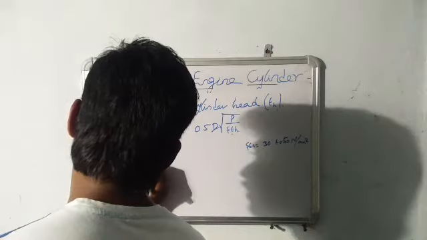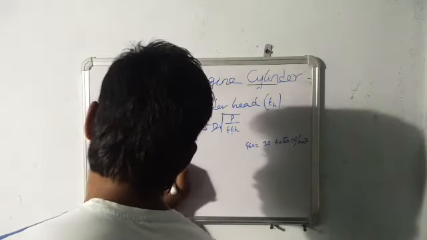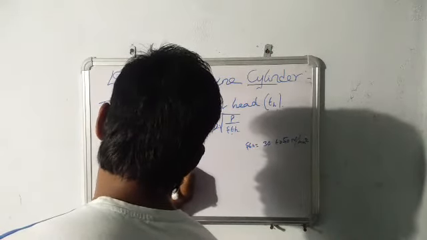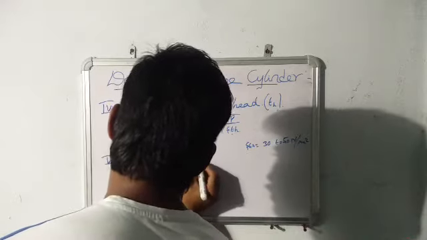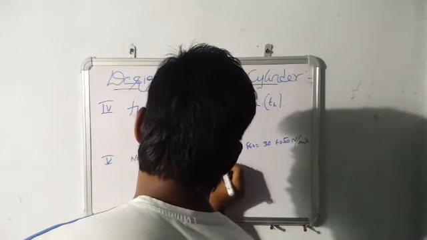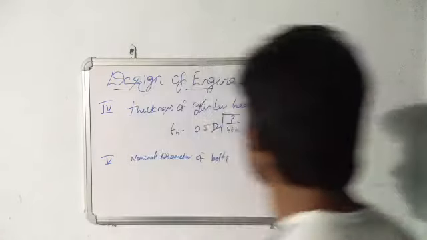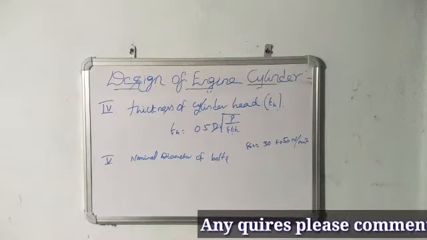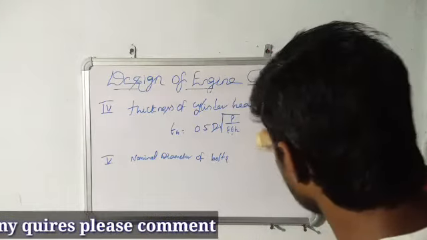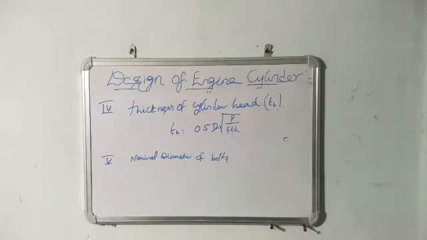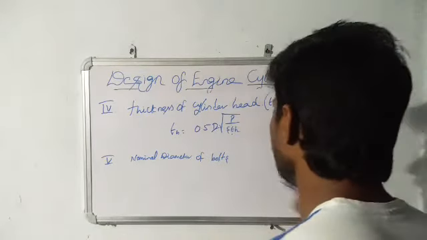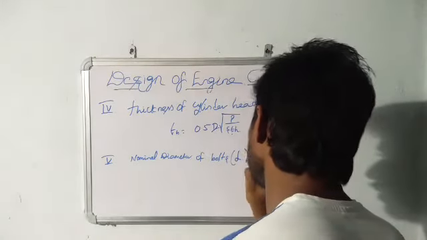So nominal diameter of the bolts is denoted by small d.